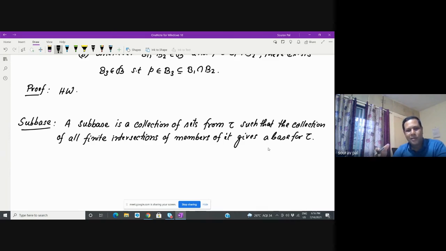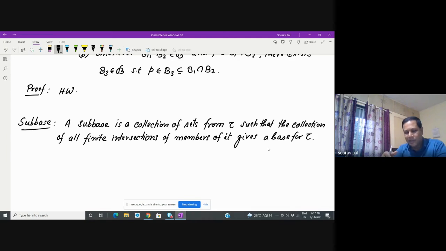Similarly, what is a subbase? A subbase is, once again, a collection of open sets from the topology. If you take all possible finite intersections of the members of that collection, it will give you a base.